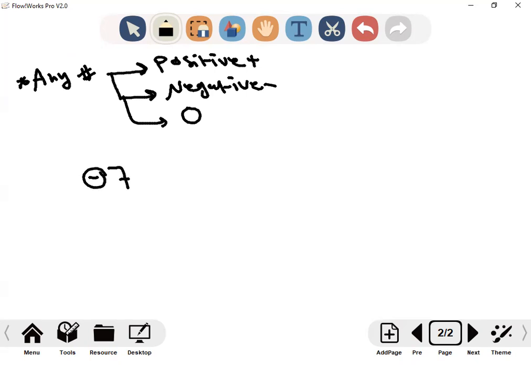The sign should be in front of the number, okay? Not after the number. If I want to write +7, I can write it in two ways. Either 7 without anything. A number without sign means what? It is positive. Or I can say +7. It is the same. So if you see a number without sign and I ask you, what's the sign of this number? You will tell me that it is positive.